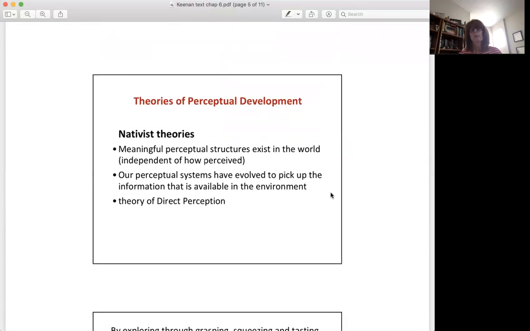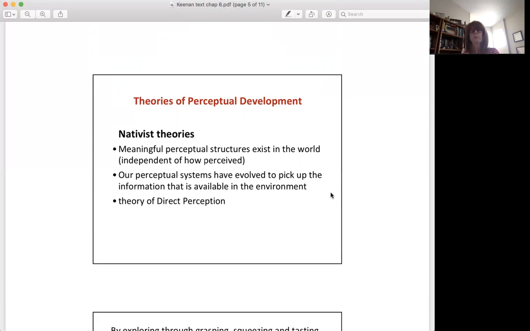So some of the things that are important for us as educators as well as non-educators is to think about the theories of perceptual development. And theories, as you know, are pervasive in education and psychology. The one I want you to sort of hone in on right now is the nativist theory. And it's the fact that perceptual structures exist independently of how they're perceived, right?